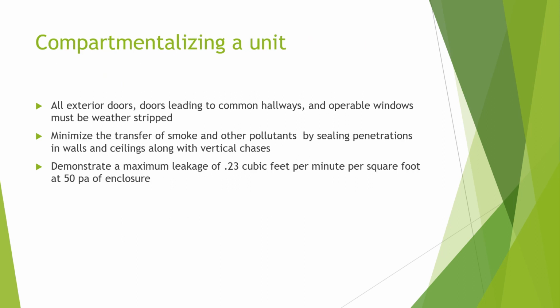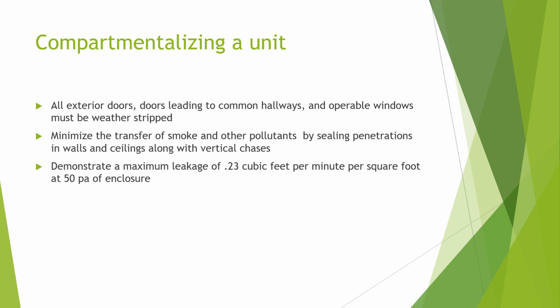To compartmentalize a unit, each unit must have all its exterior doors and operable windows weather stripped to prevent leakage going outside. All interior doors leading to common hallways must also be weather stripped.